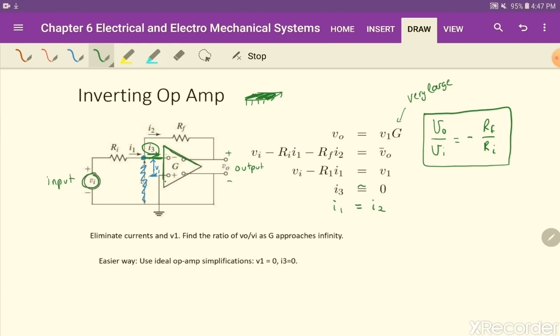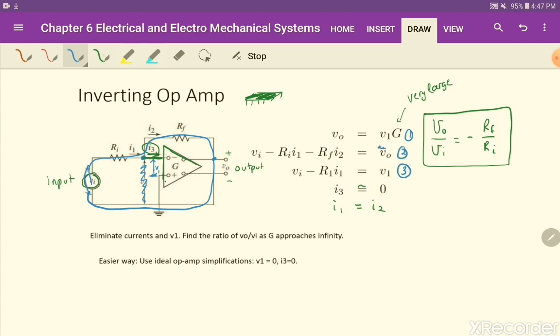Now I'm going to write out the loop law. Let's call this equation 1, this is equation 2, equation 3. Equation 2 comes from taking this outer loop, starting from VI. You gain VI and you end up with a V output. The tilde shouldn't be there, that's a typo also.